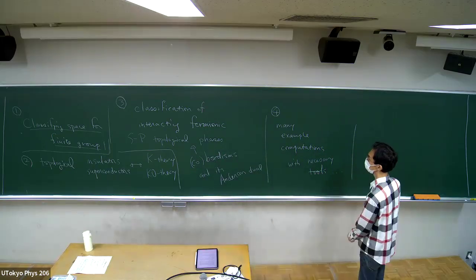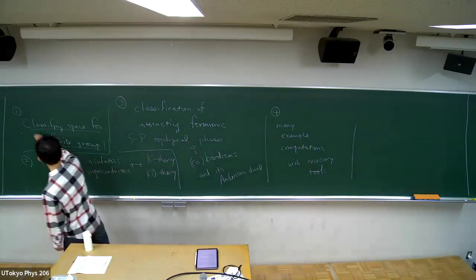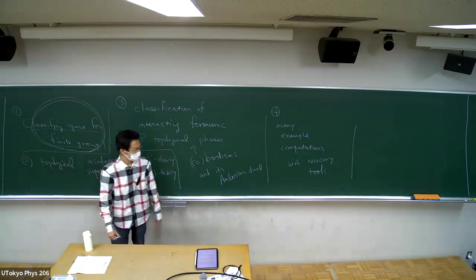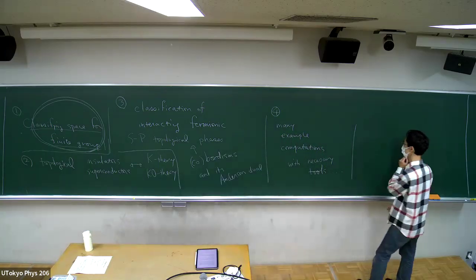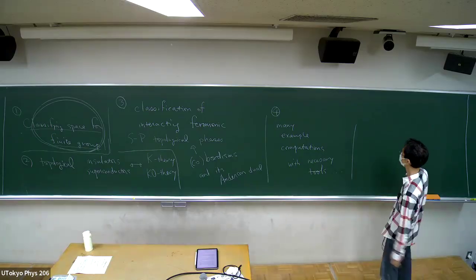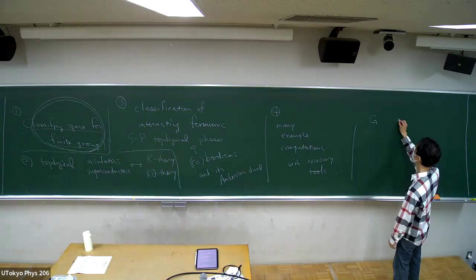Right. So today's topic is this classifying space for finite group. So that's the first topic we would like to discuss. So what was the classifying space? So let G be a group.